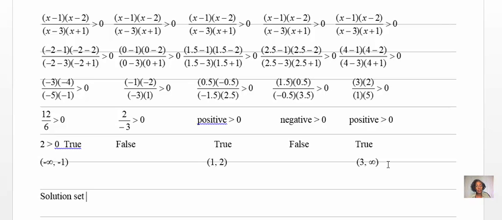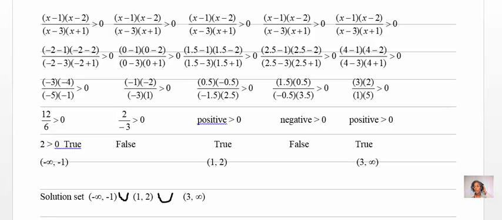So my solution set is equal to all of the numbers smaller than -1, unite it with all of the numbers between 1 and 2, unite it with all of the numbers greater than 3. So this is my solution set for this inequality.